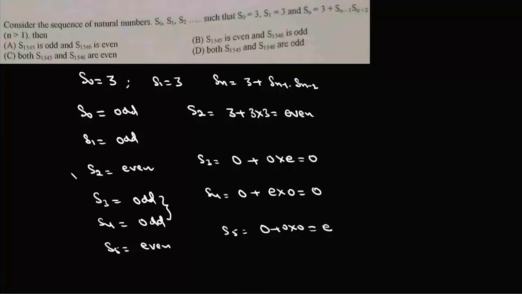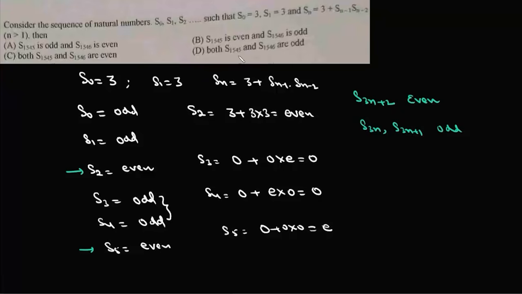We'll have this series where S2 is even, S5 is even. So basically S3n plus 2 is even, and if it is a multiple of 3 or of the form 3n plus 1, then it will be an odd number.